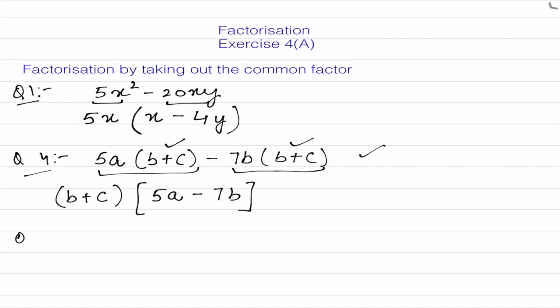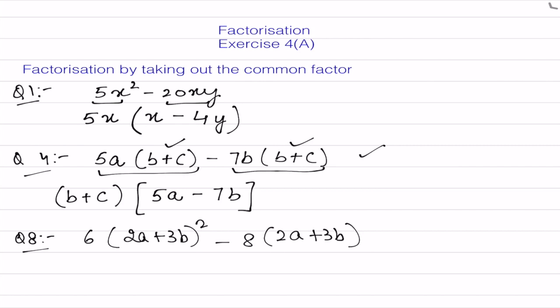Next, question number 8, that is 6 into 2a plus 3b whole square minus 8 into 2a plus 3b. Again in this question we have to see the common factors. 6 and 8 both have a common factor 2, and as for the second thing, 2a plus 3b exists 2 times in the first expression and 1 time in the second. So 2 into 2a plus 3b is common.